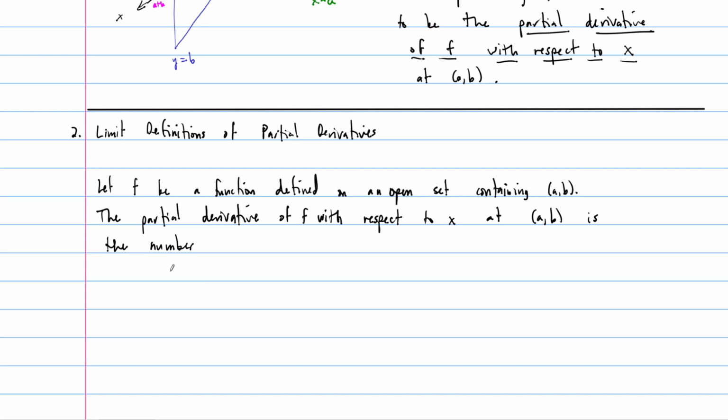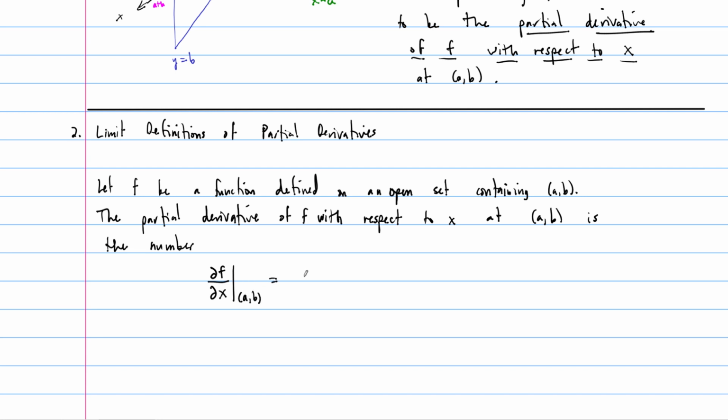So the most basic notation that we're going to use for this, and then we'll work from here with all the other notations, but the defining notation is this curly d f by curly d x. So df by dx, but the d is curled here. And this indicates that this is a partial derivative and not just a regular ordinary derivative. And this is going to be evaluated at our point (a, b), right?